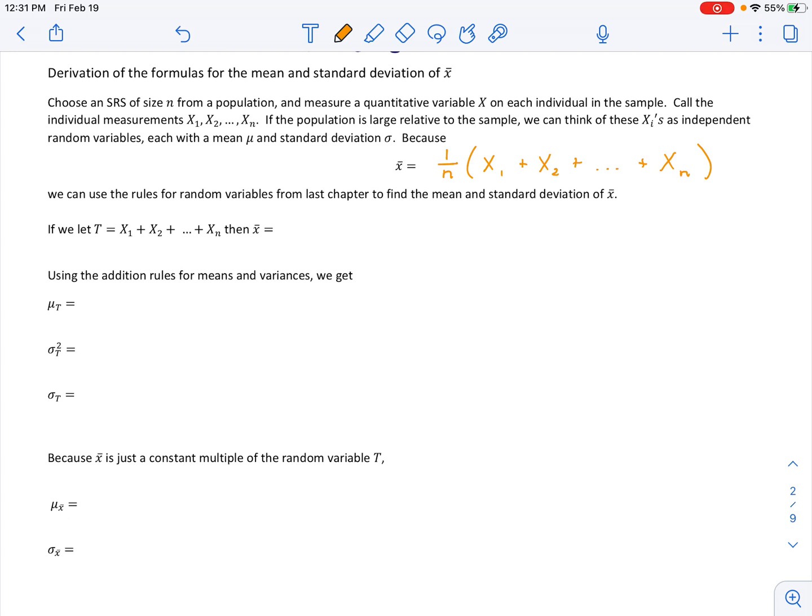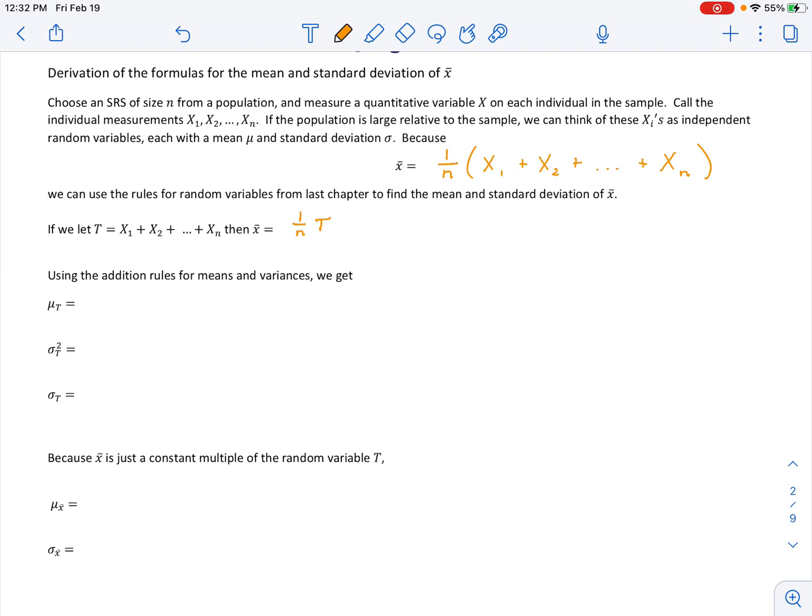That's going to be important because I'm taking the sum of my random variables and multiplying it by a constant. I'm going to let this sum be represented by t. So the average that I just wrote out is this constant times my random variable t.